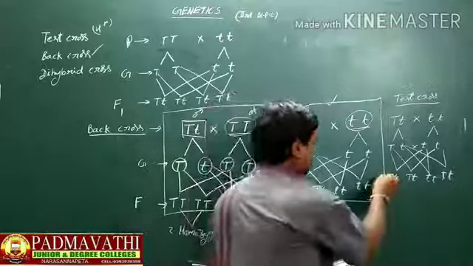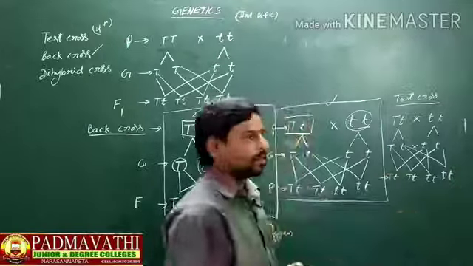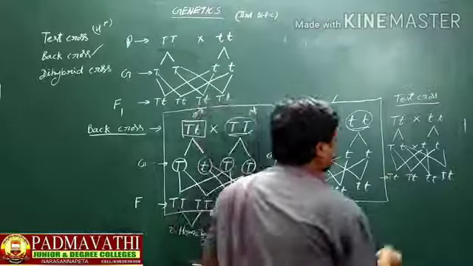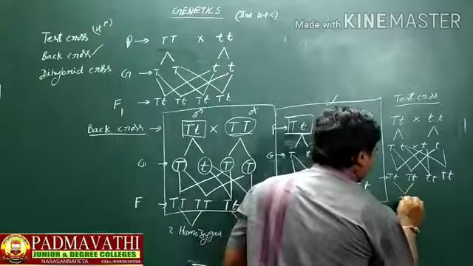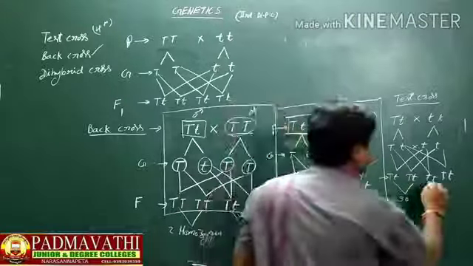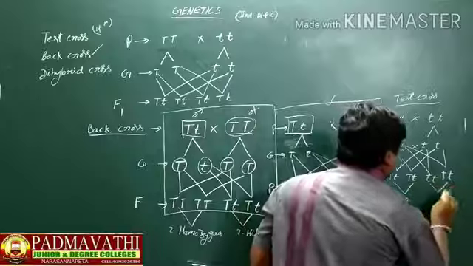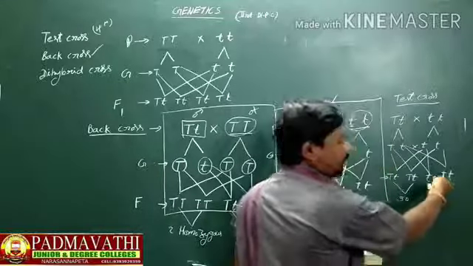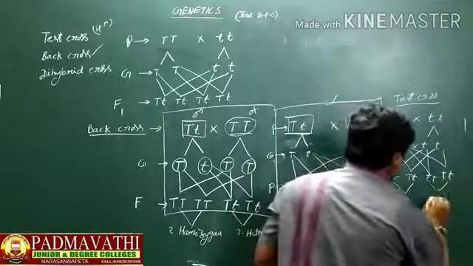So this is the progeny. Here 50% are tall plants and 50% are dwarf plants, homozygous dwarf.